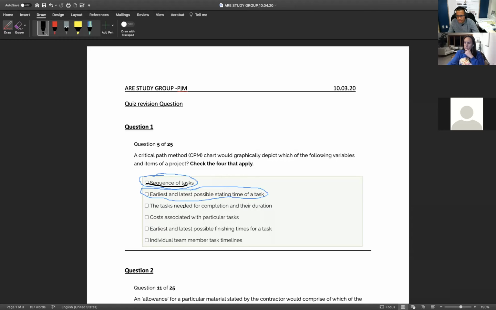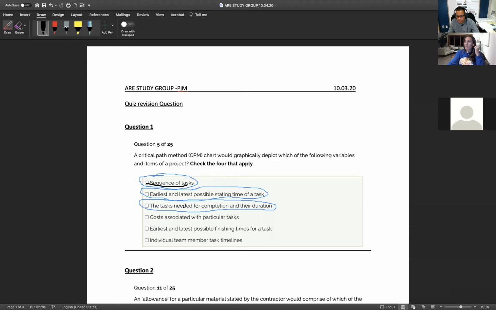What else? And the earliest and latest possible finish time for a task. So those four: sequence of tasks, earliest and latest possible starting time of a task, and earliest and latest possible finish times for a task.